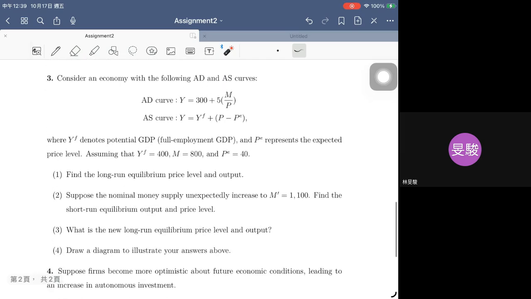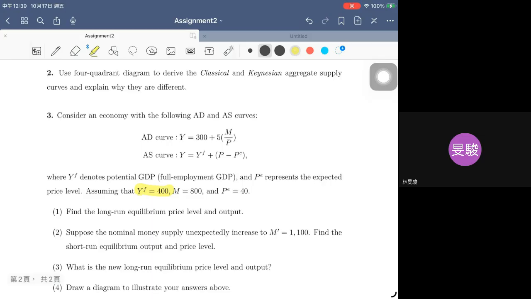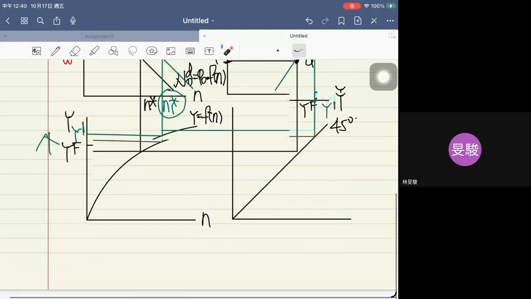Assume that YF equals 400, M equals 800, and PE equals 40. Question 1 asks us to find the long run equilibrium price level and output. So let's solve this problem.